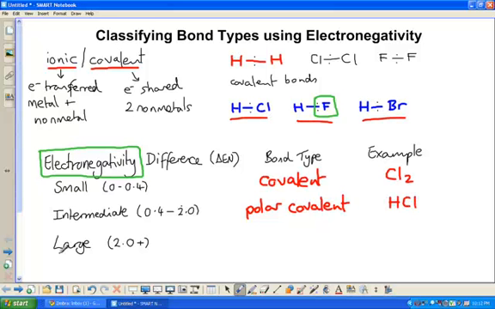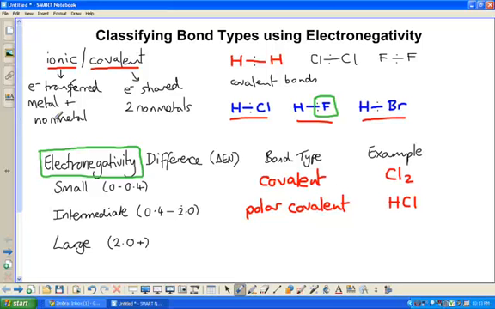And then a particularly large electronegativity difference would be where the difference is so big that this atom pulls the electrons towards itself so much more than this one that it actually breaks the bond. So you go from a covalent bond where the electrons are shared to an ionic bond where the electrons are actually transferred.